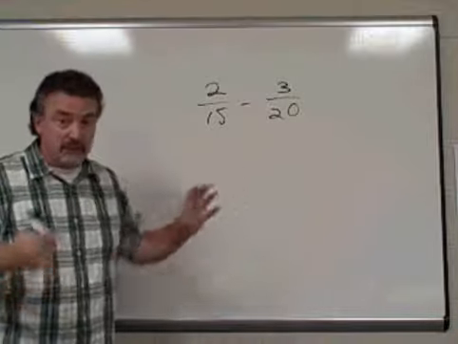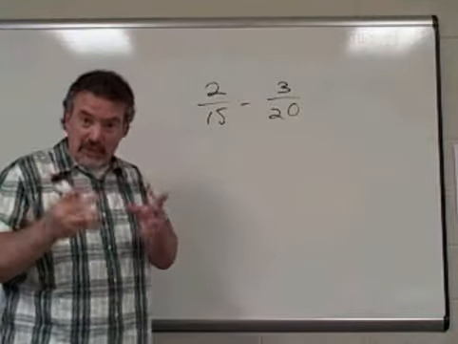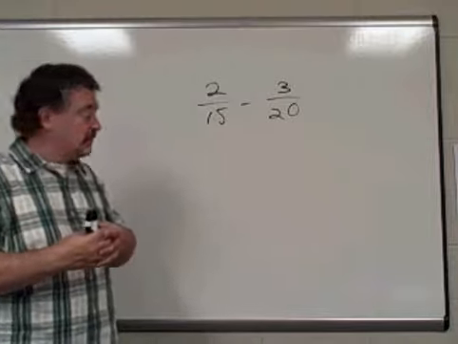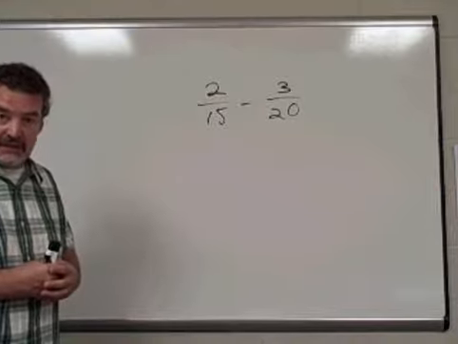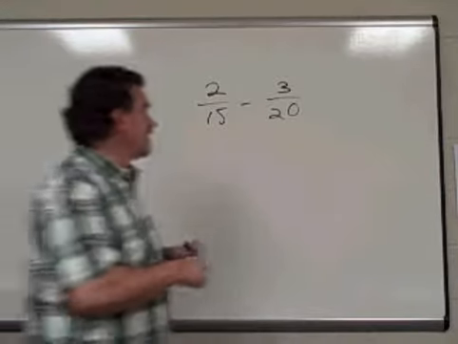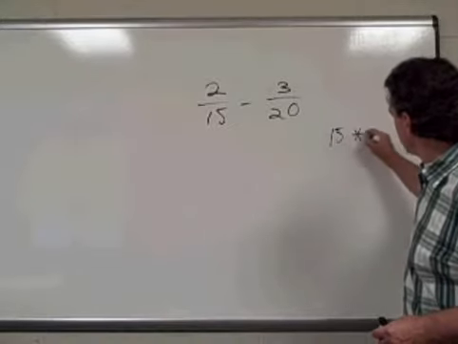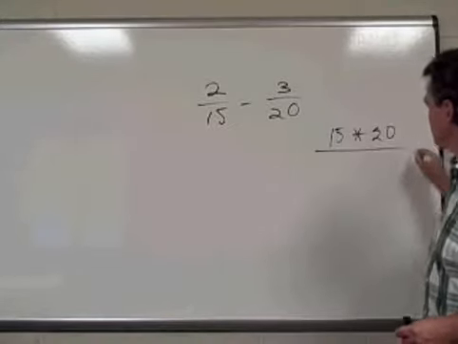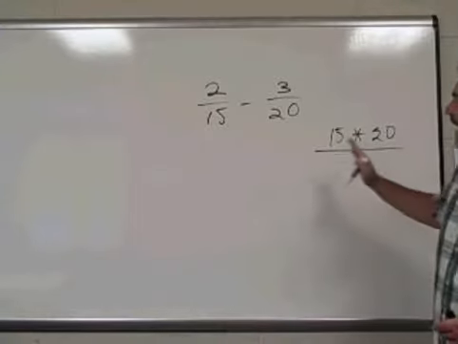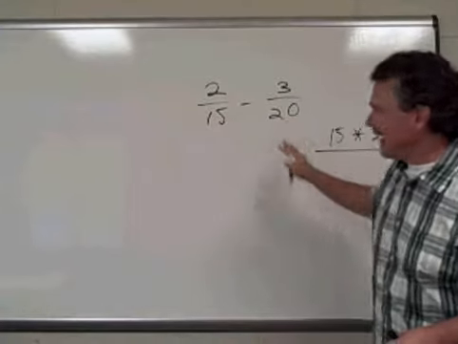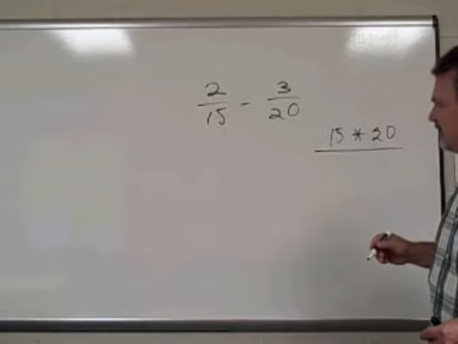Here's a subtraction. And remember, the twins Addie and Subby, addition and subtraction, are where we have to have the same denominator. So we need to find the common denominator for 15 and 20. Let's again use that technique. We take the product of the two denominators and then divide by the greatest common factor between 15 and 20.